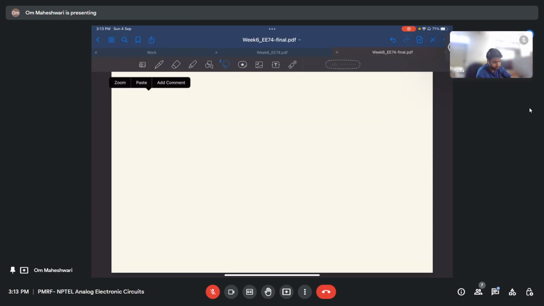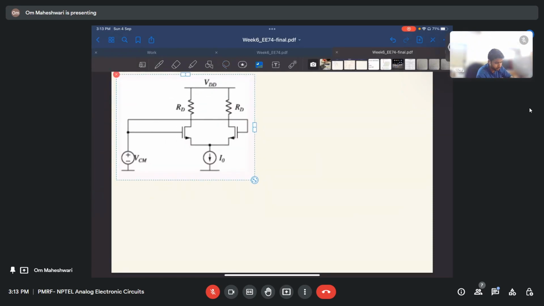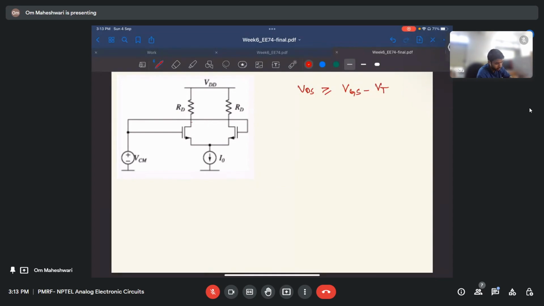I'll try again. VDS should be greater than or equal to VGS minus VT, right? Let's say this node is VD and this is VS. So VD minus VS is greater than or equal to VG, which is VCM, minus VS minus VT. So we cancel VS. VD is greater than or equal to 1.2 volts.